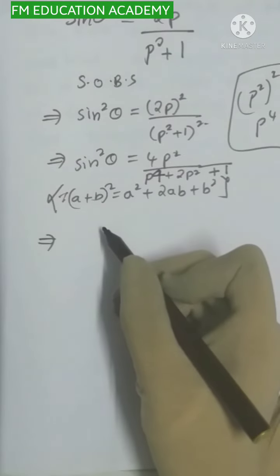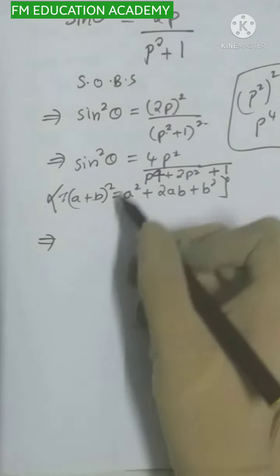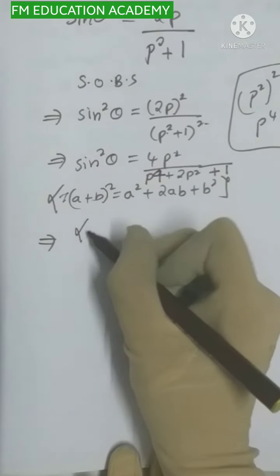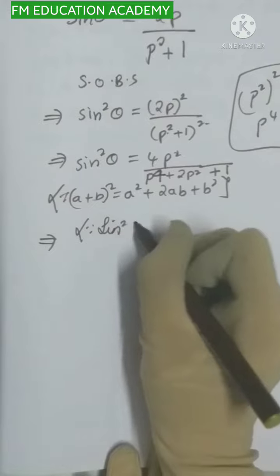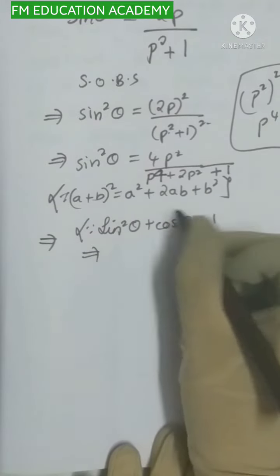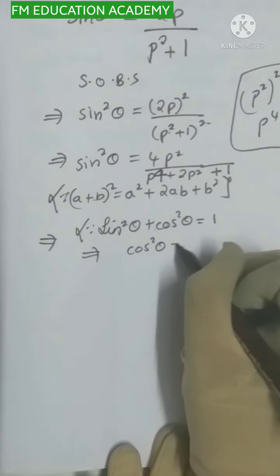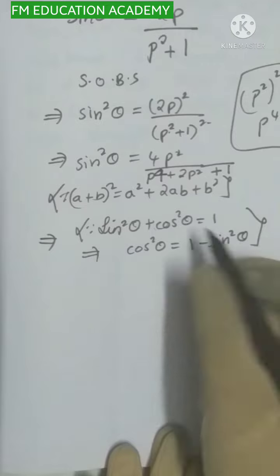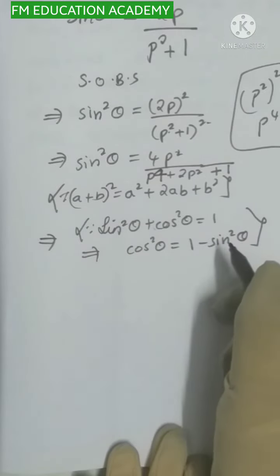Now what can we do? For this sin square theta, we have an identity. Sin square theta plus cos square theta is 1. From this identity we can derive the formula for cos square theta: cos square theta becomes 1 minus sin square theta.